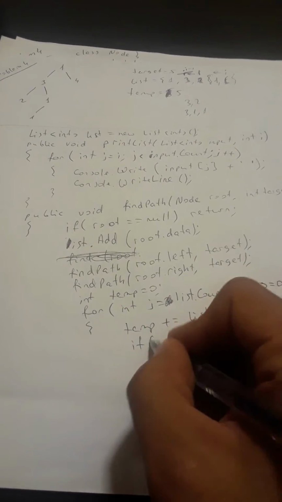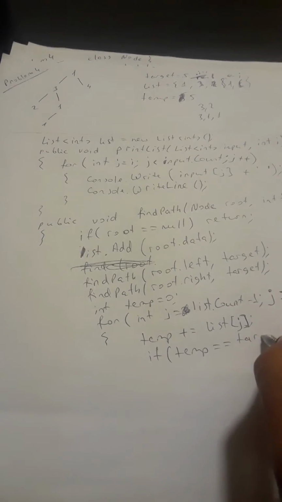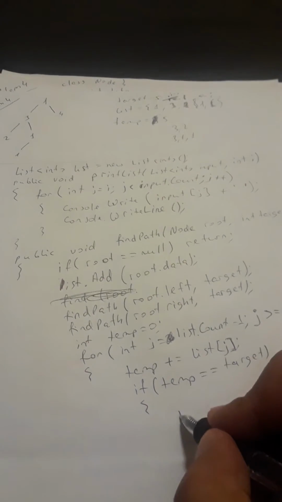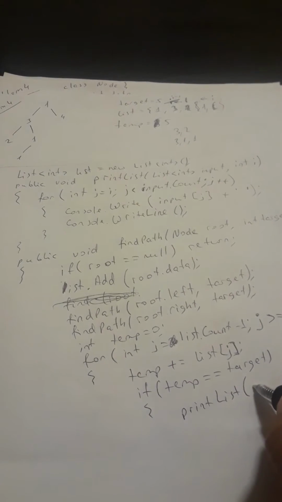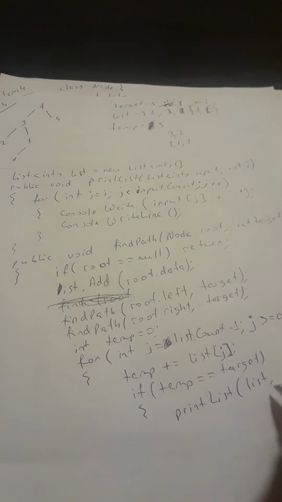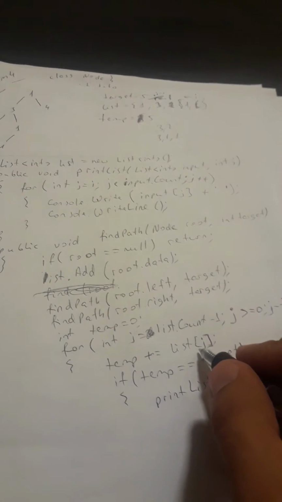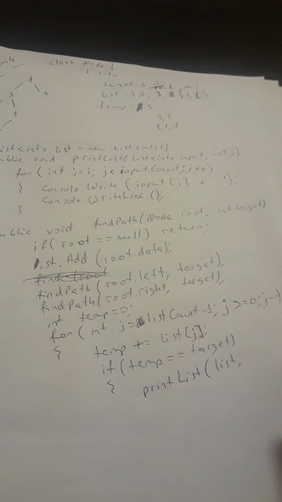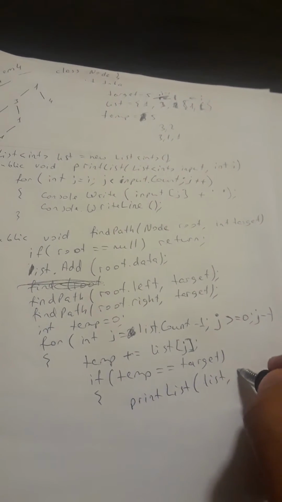If at some point my temporary variable is equal to target, I will call my printing function, where I will pass the list itself and the index where I found the equality between the temporary variable and target, so it will be j.